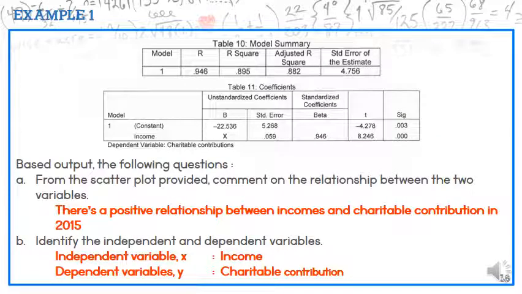So from this output pula, we can see that you ada your R. So this one is your Pearson correlation coefficient. This one is your coefficient of determination.